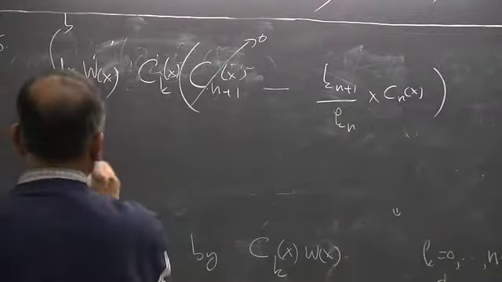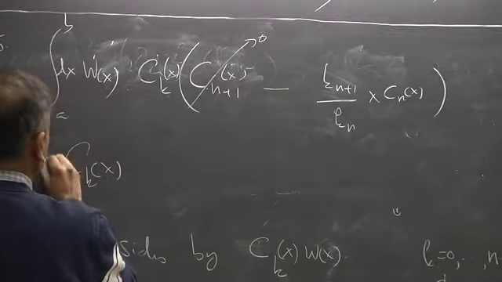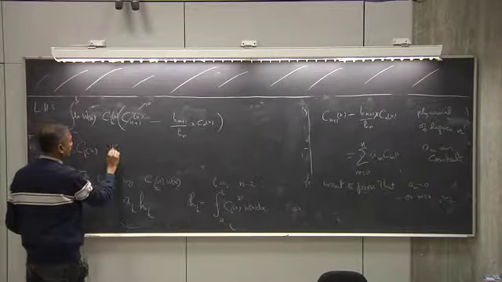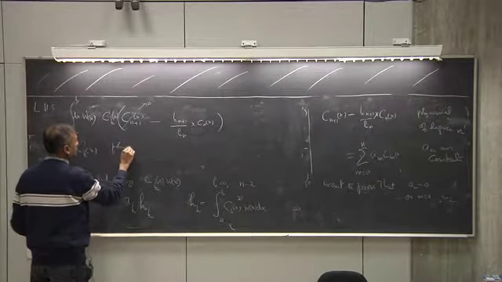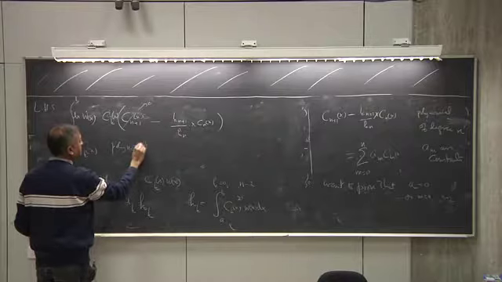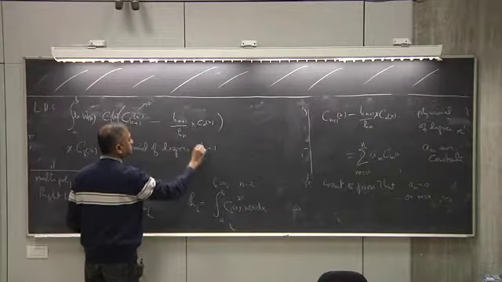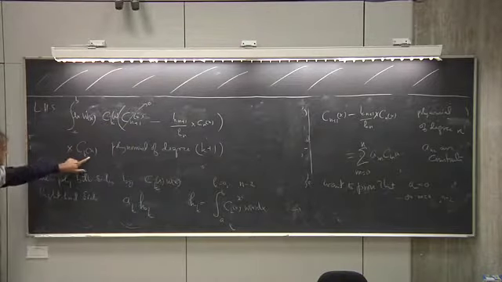Take c_k(x) times x. Take the x here, multiply that. So this is a polynomial of degree k plus 1, because this is a degree k polynomial.